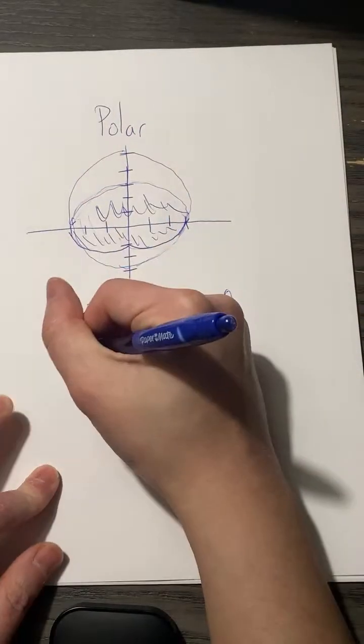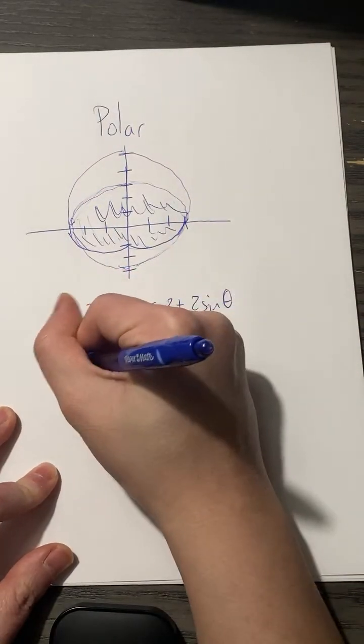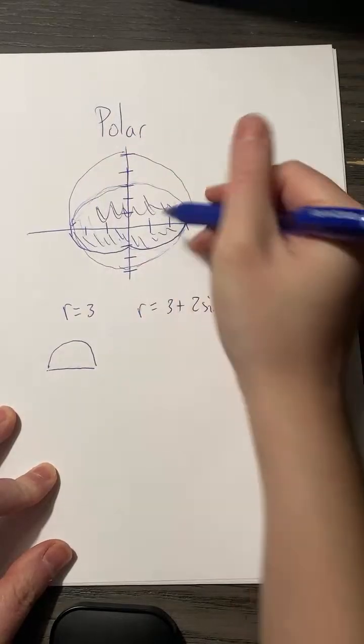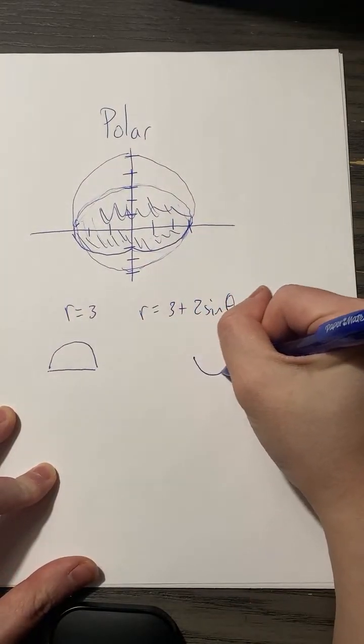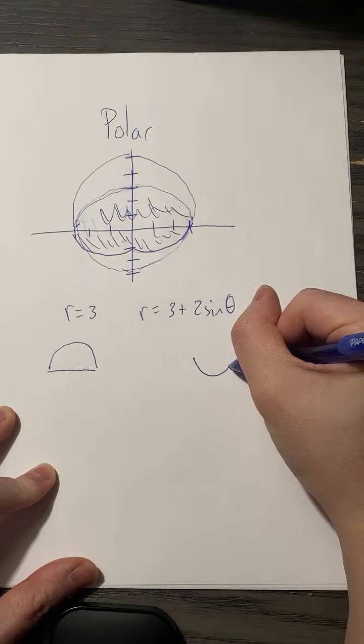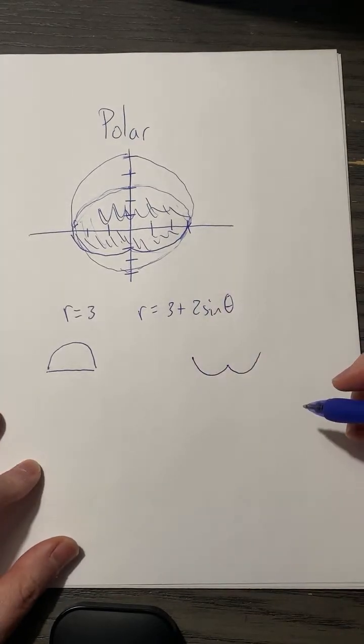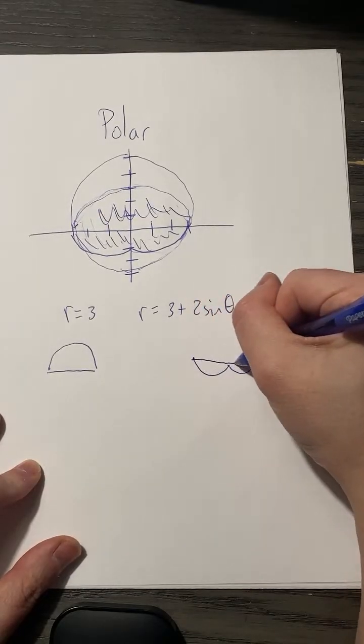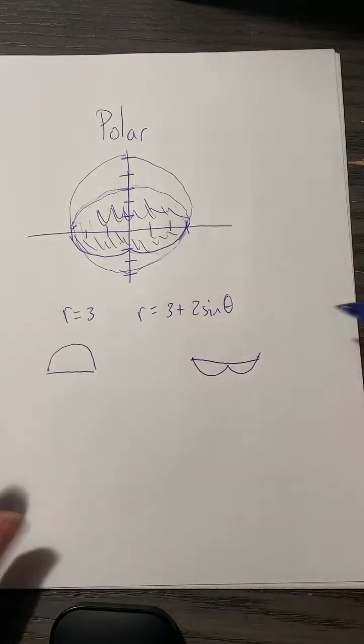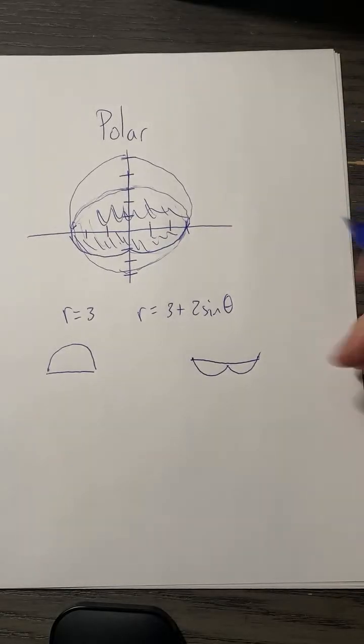So again, what we're trying to do is find this area right here, this top semicircle, and then we're going to find this weird looking thing here. So it's part of a circle, part of not a circle.